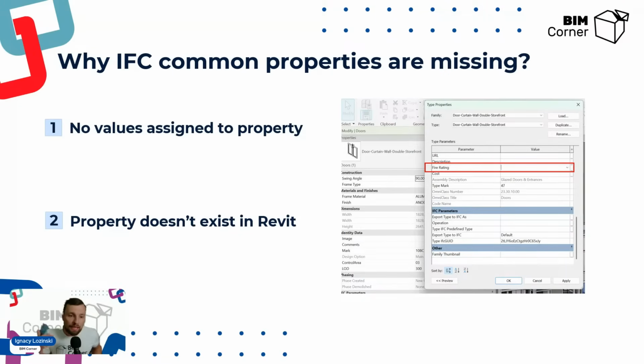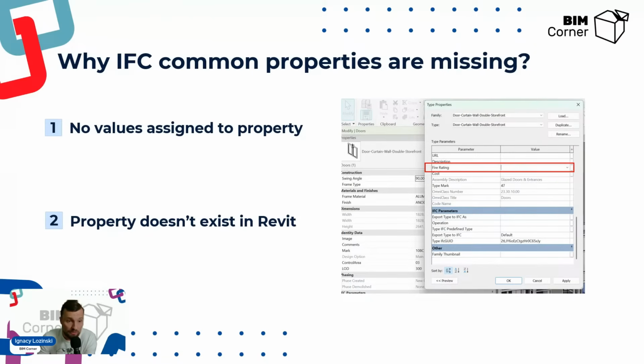So they don't include every single one from the IFC schema, because Revit would be overloaded with parameters that almost nobody uses. So I would say Revit includes only the most commonly used properties by default. If your project needs additional IFC properties, you can simply add them and map them before exporting.